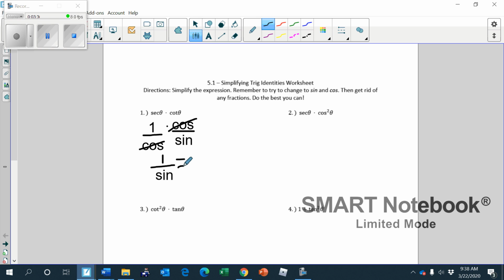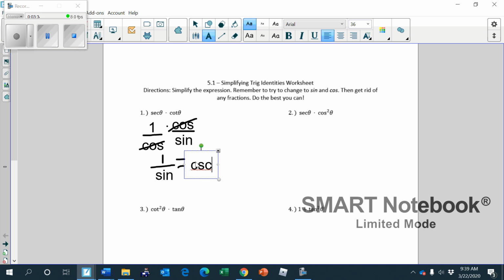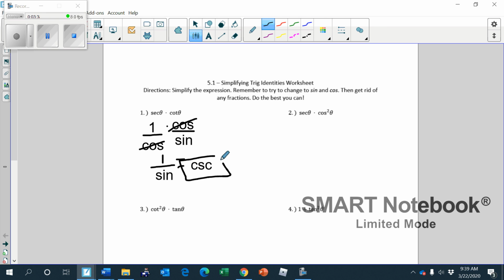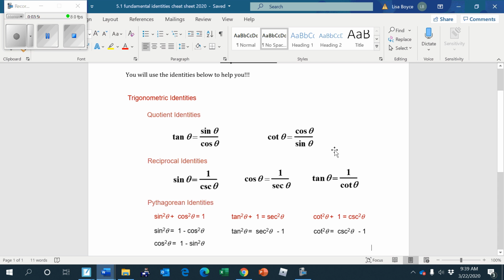So this becomes cosecant, and that is your final answer. Anytime you see 1 over sine, that's cosecant. If you see 1 over cosine, that's secant. Tangent and cotangent, you use these two.